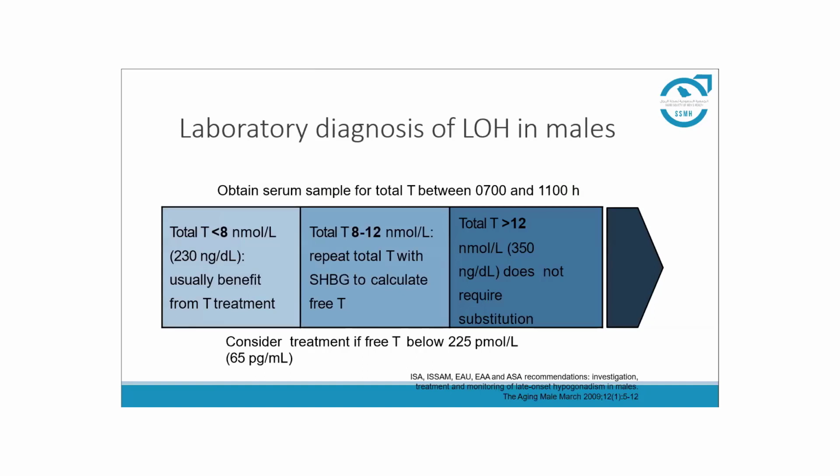If the level is less than 8 nanomoles, then those patients will usually benefit from testosterone replacement therapy. If it's in the gray zone between 8 and 12, then it's better to repeat the total testosterone and get the sex hormone binding globulin to calculate the free testosterone. And if it's more than 12, they usually don't benefit from testosterone replacement therapy.